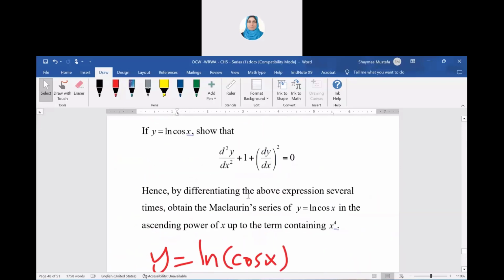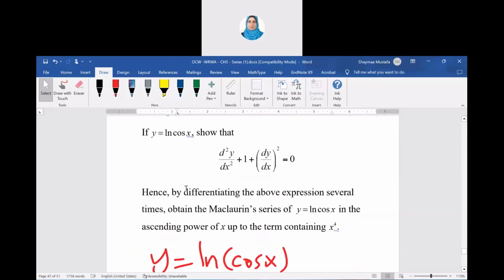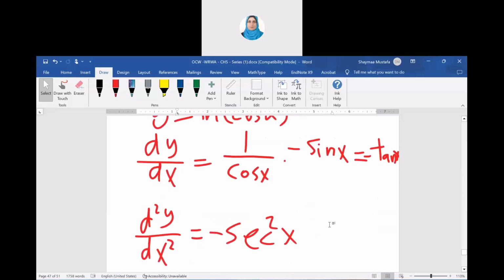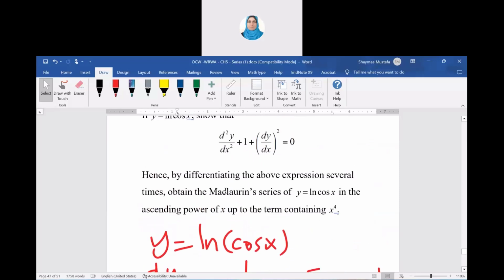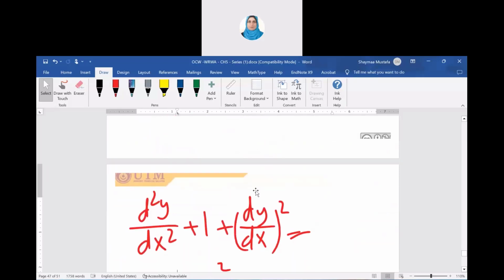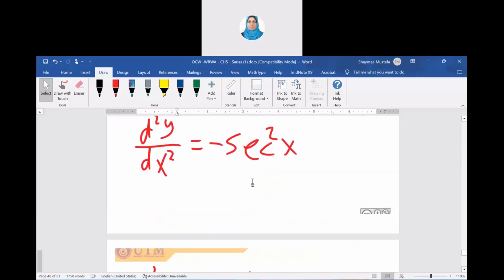So these are equal. Now the question is, we need to use this relation to find the Maclaurin series for y equals ln cos x until the term x to the power 4. For the Maclaurin series, your point is 0.